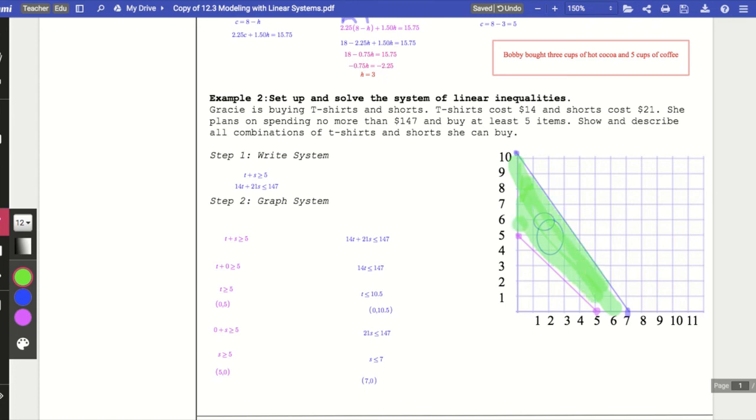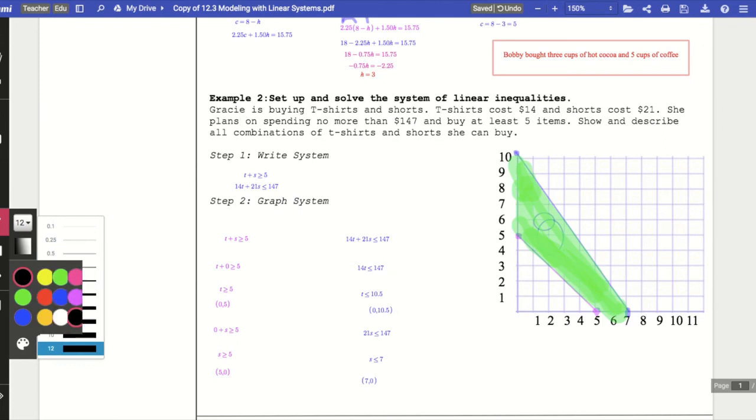I can choose any point in this area, and that represents the amount of shorts and t-shirts I could possibly buy to meet the goal. For example, let's choose a random point in the middle right there. That is the point (2, 6).